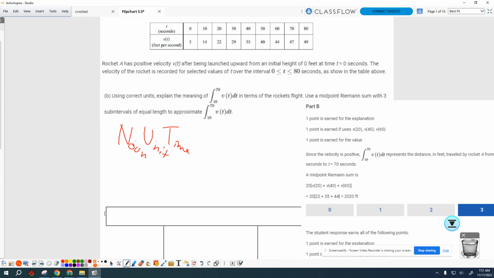What's the unit? It traveled in feet. And what is the time frame that you're talking about? Is it your instant rate of change at 2 seconds, or is it the total distance traveled from 10 to 70 seconds, as in this one? So they always say, they want the nut of the problem. Give me a noun, the unit, and then the time frame that you're talking about. And you will see when you get to the annoying Delta Math questions.